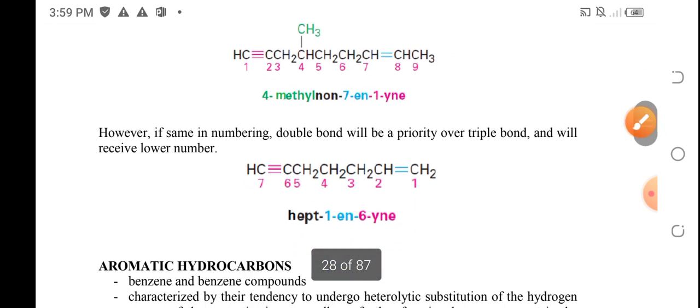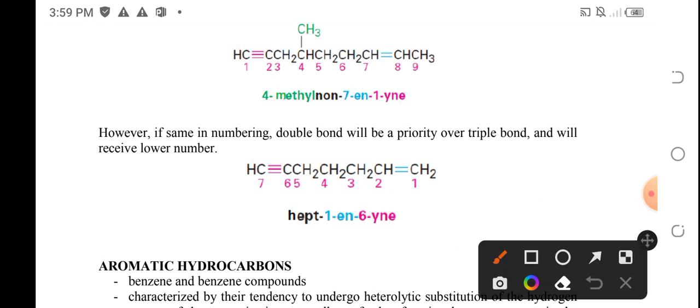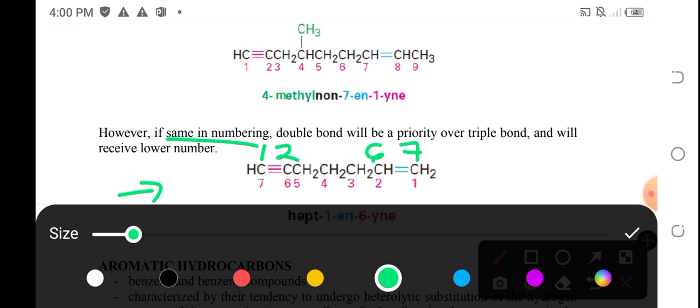Now, what if the numbering is equidistant? So, name ang numbering niya. Okay, so this one is, if you're going to number it left to right, okay, the triple bond is on carbon number 1 and carbon number 2. Then, 3, 4, 5, 6, and 7 naman ang double bond.